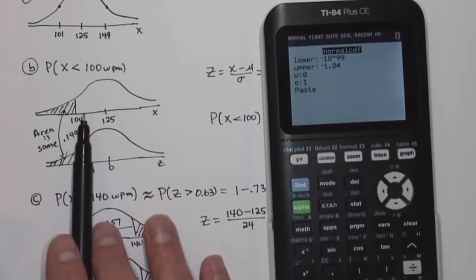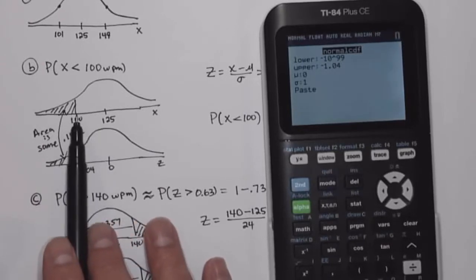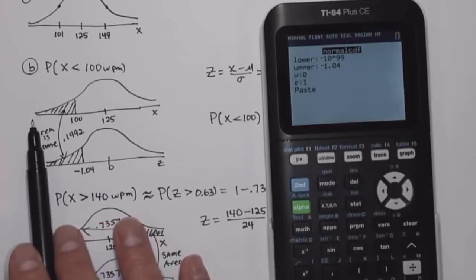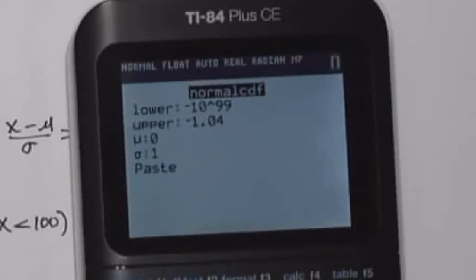I can go directly from my original model. So in my original model, I need to find the area to the left of 100. So my lower bound is a big negative number, negative 10 to the 99th. My upper bound would be 100. But to use this model, I just fill in the mean of 125 and the standard deviation of 24.